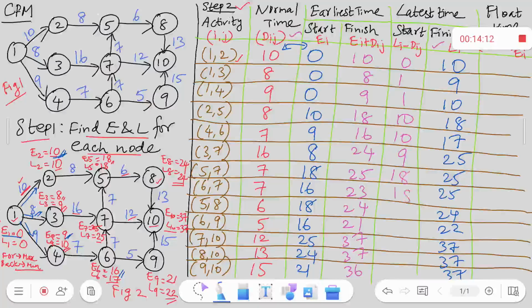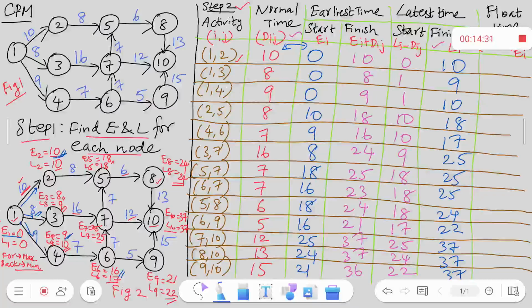Again one more 18. Then it is again 18. Then it is 17. Then it is 25, 24, 22. We subtract and write.